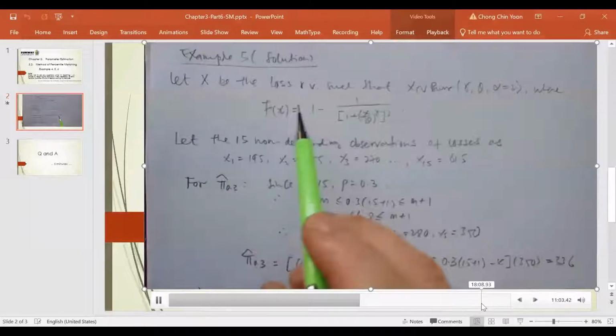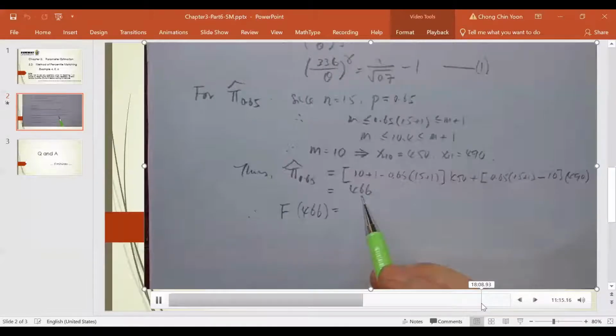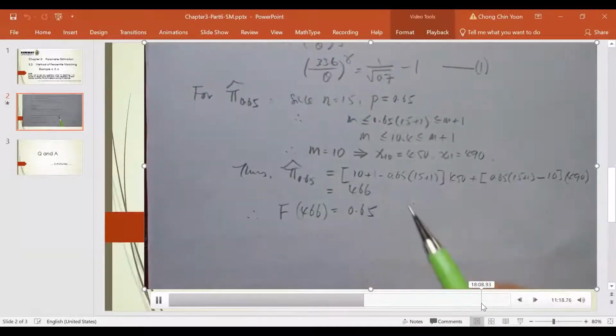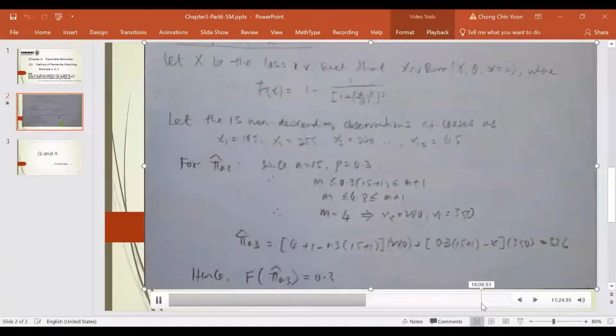Therefore, the CDF at this value, that is 466, equals the probability of 0.65. So let's substitute the x value into the CDF.